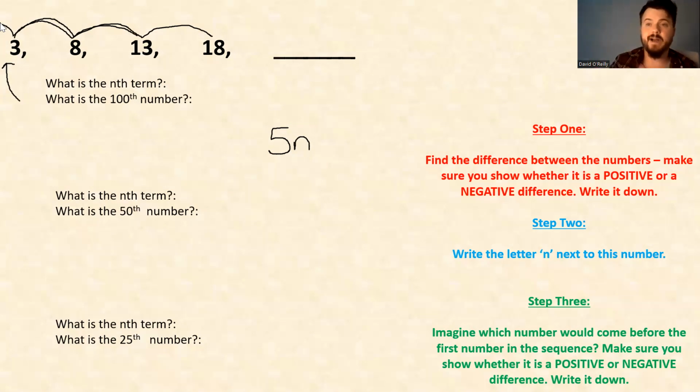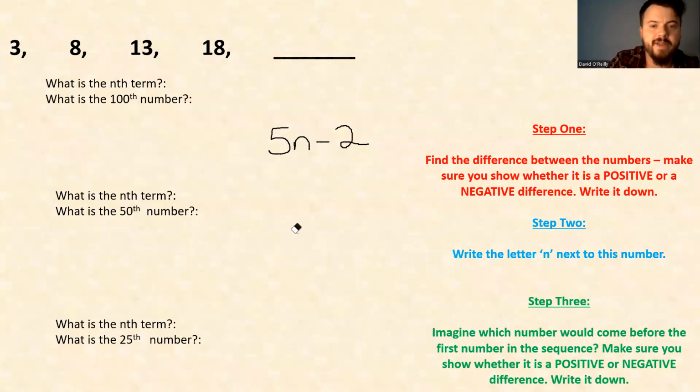So 3 take away 5 gives us -2. We write it down next to what we've written already, and we've got the nth term for this sequence. The nth term is 5n minus 2. And I can prove to you that that's correct. Let me show you something.